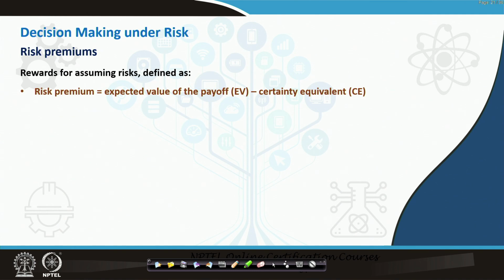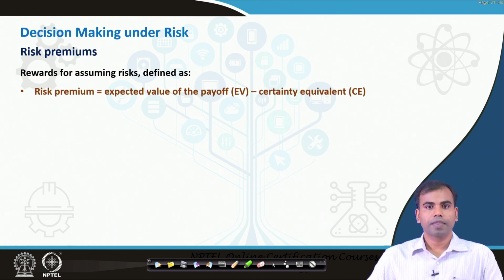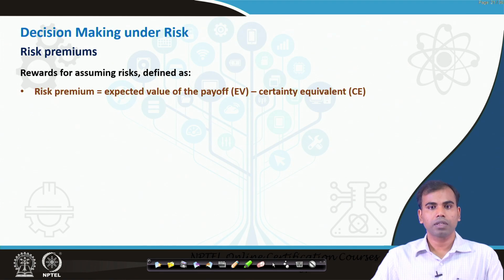What we were trying to say here is, if we have some risky choices and we can find the certainty equivalent associated with those risky choices, the extra return or extra payoff or extra benefit that we are going to get because of taking the additional risk will be known as risk premium.